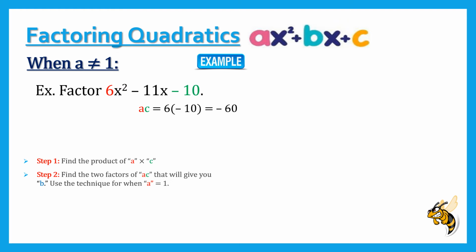You notice I did not read the sign on the 11. So let's repeat. Two numbers that multiply to give me 60, but when I subtract, it is equal to 11. And it's 4 and 15. 4 times 15 is equal to 60, and 15 minus 4 is equal to 11.